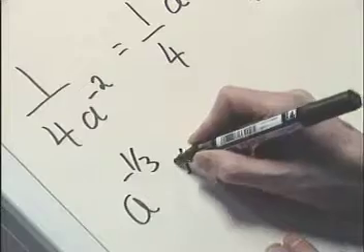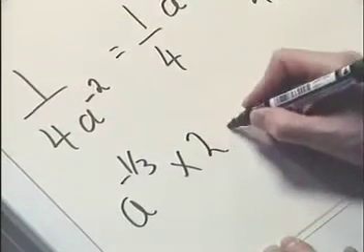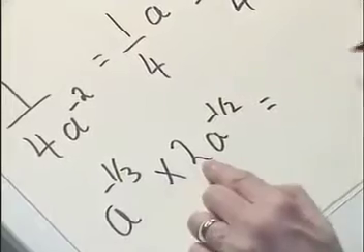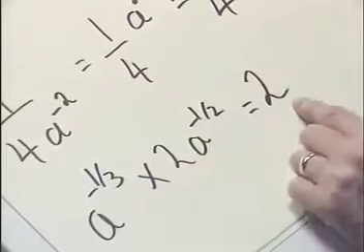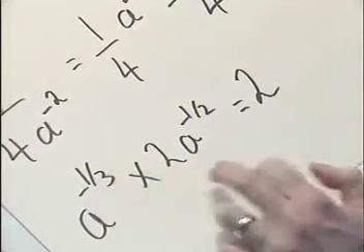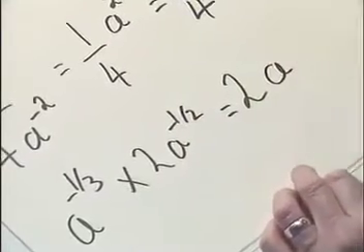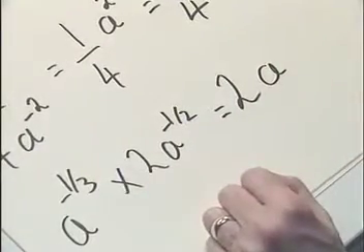2a to the minus a third times by a to the minus a half equals, the 2 we can just write down. A to the minus a third times by a to the minus a half. Our first job is to add those indices together.